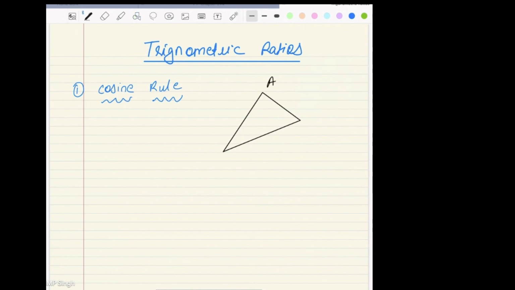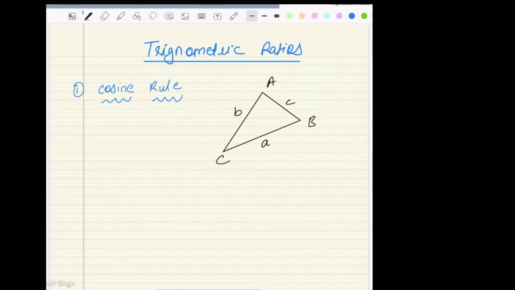Let's say this is A, this is B, this is C. Now the vertices are represented by capital letters and the sides are represented by small letters. So the AB side is called small c, the AC side is called small b, and the BC side is called small a.